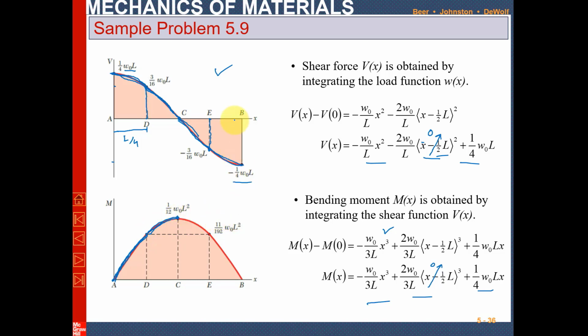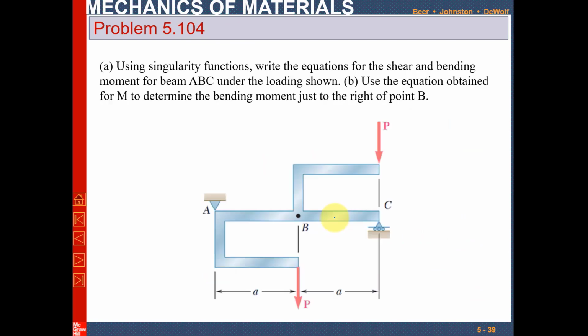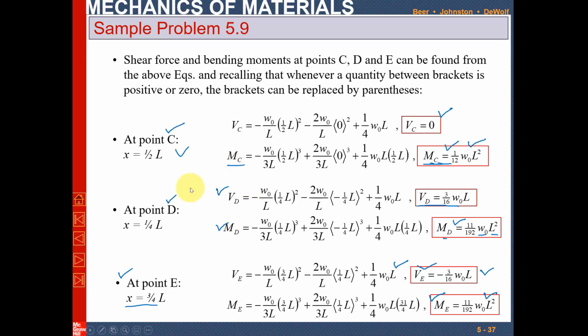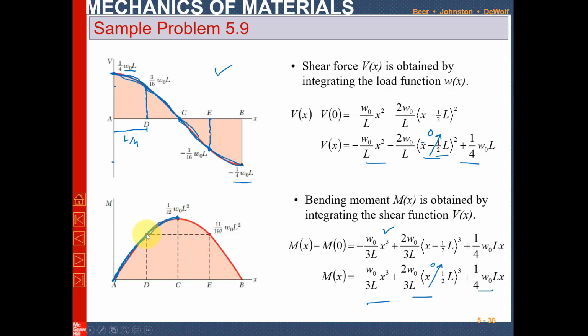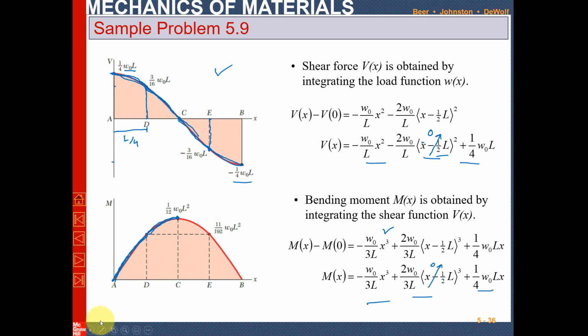Now at point E, the shear force is minus 3 over 16, and the moment at E, which is ME, is 11 by 192, the same as D. So you can easily take this point. Let me choose the marker.